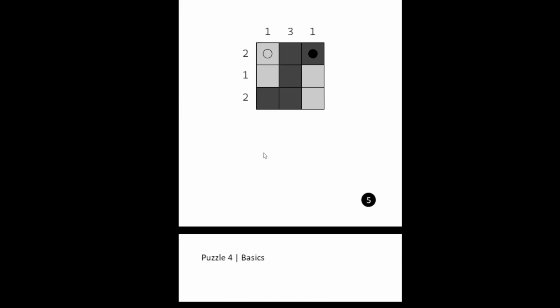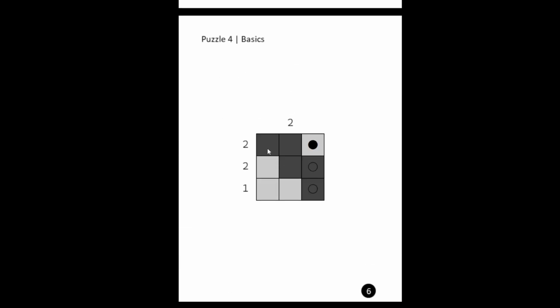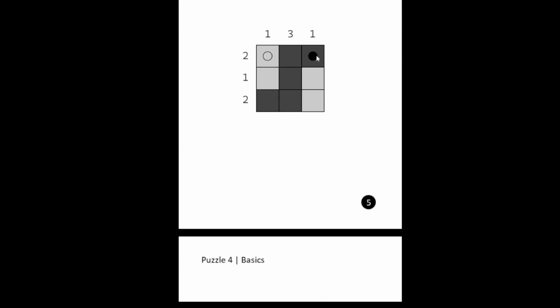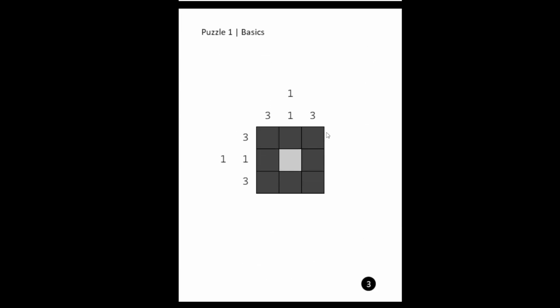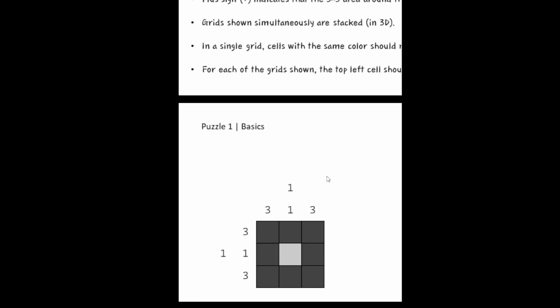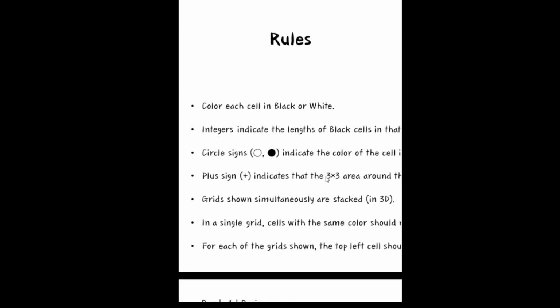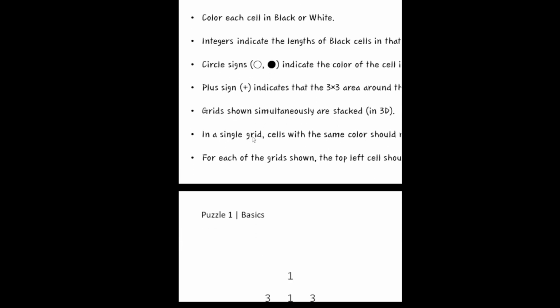it's interesting. These look a little bit like numbers. 1, 3, 2. That does not look like a number. Okay, 0. It's a little weird. Color each cell black or white.